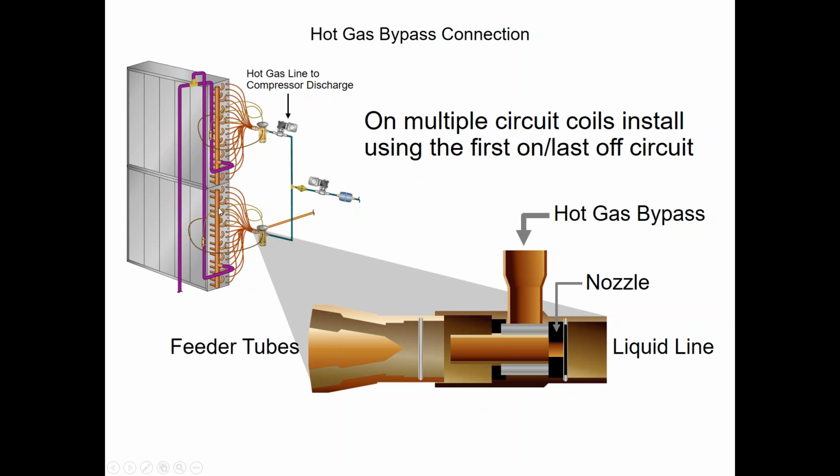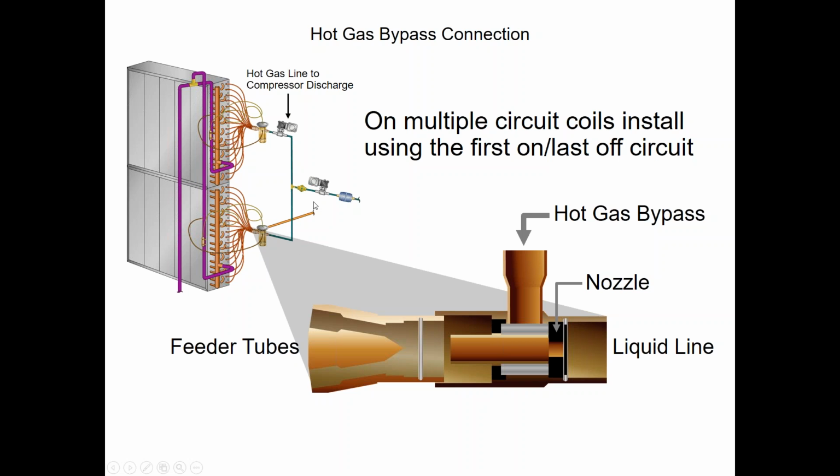In this case, we need to look at our first on circuit being on the leaving air side of the coil, and then our second circuit would be on the entering side of the coil, assuming the airflow is traveling this direction. So again, first on, last off.